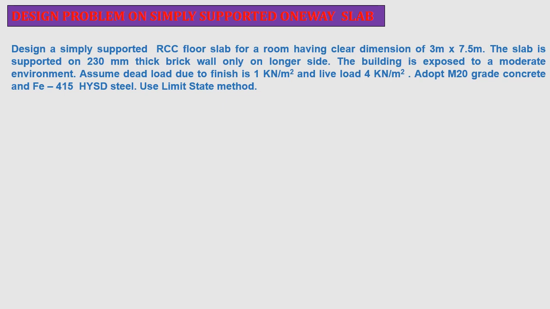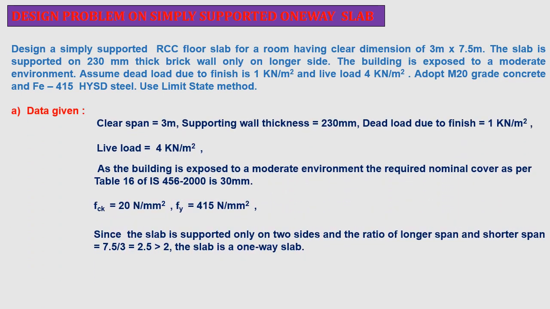Adopt M20 grade concrete and Fe 415 HYSD steel. Use the limit state method. Now these are all the data which are given in the problem. Only you have to take the value of nominal cover from table 16 for the given condition.